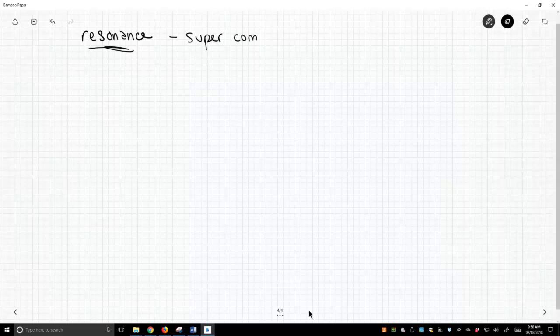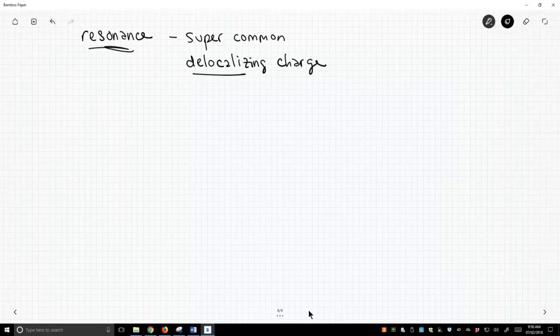What is resonance? Resonance is a way of delocalizing charge. What the heck is delocalizing charge? Well, delocalizing charge means spreading charge out.